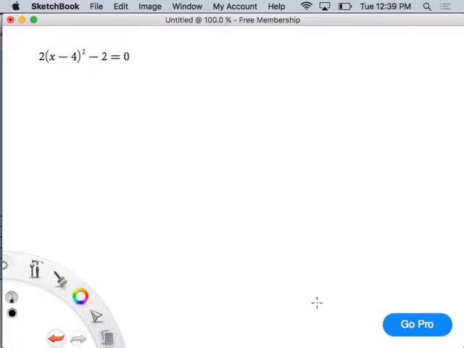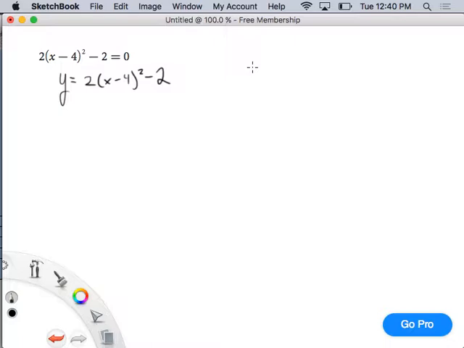So I had this equation, right? Well, what I need to do is come up with the related function. Well, the related function is 2 times x minus 4 squared minus 2, right? And then I need to find the zeros of this function, and the zeros of this function will be the solutions of this equation. Does that make sense? Do you guys understand that that is the main idea that I'm presenting to you today?